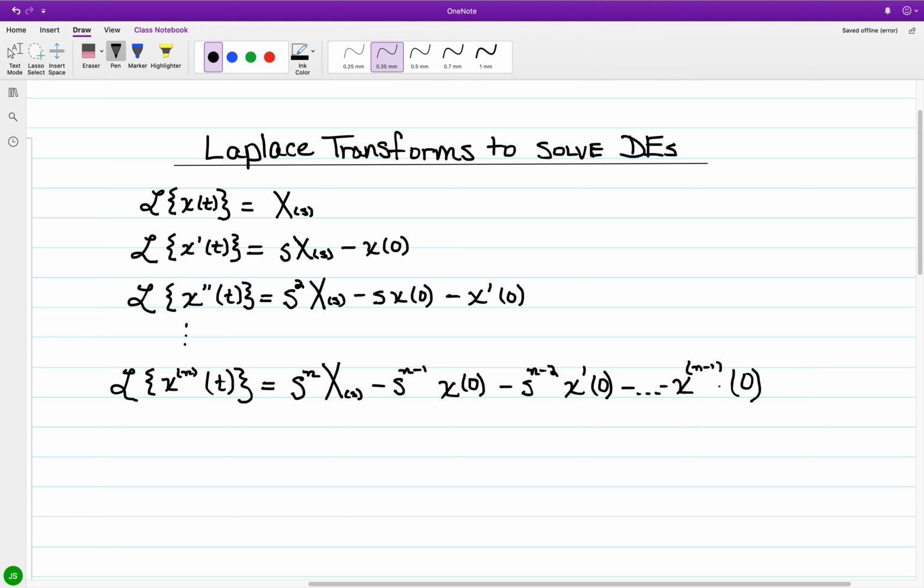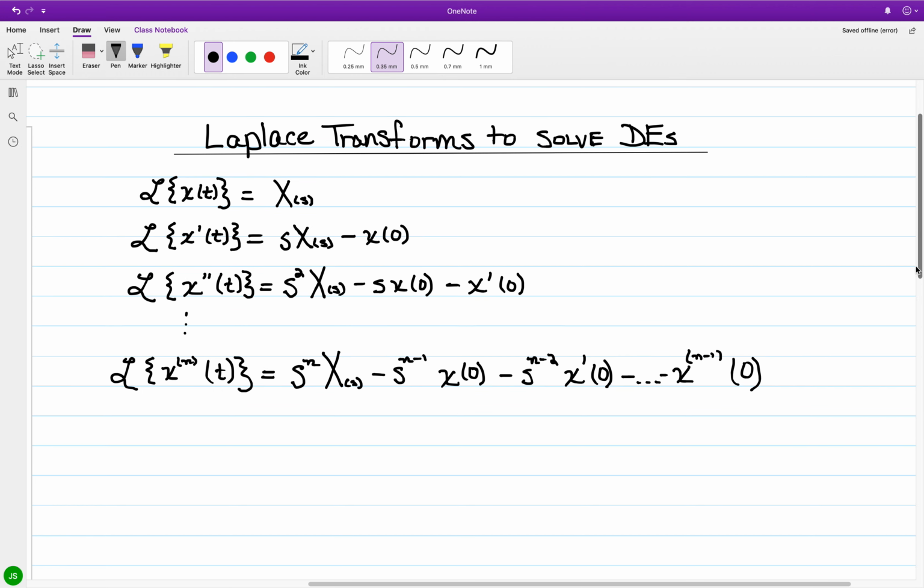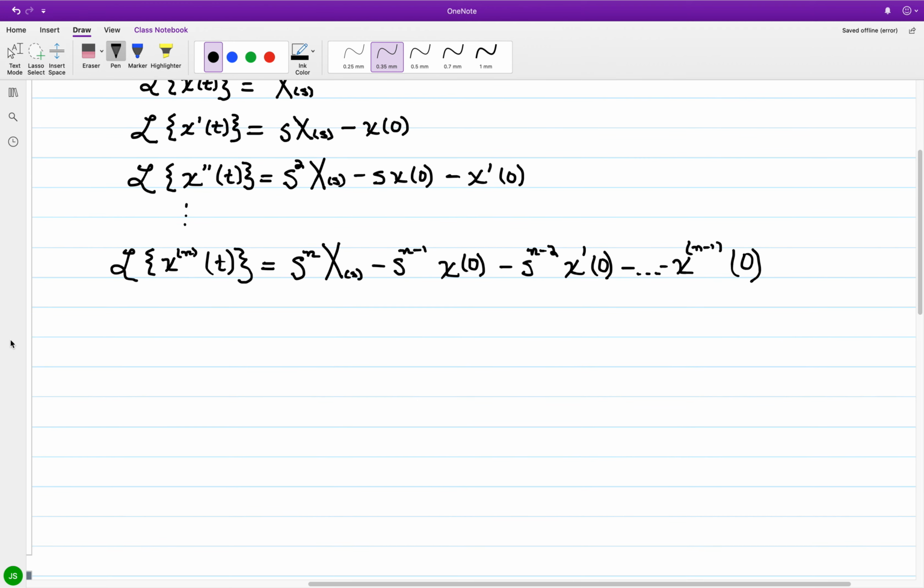Now, let's say you're looking at utilizing Laplace transforms, and we'll take as an example a first order differential equation, where you're solving for x of t.